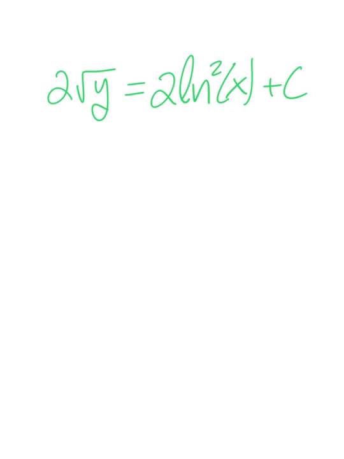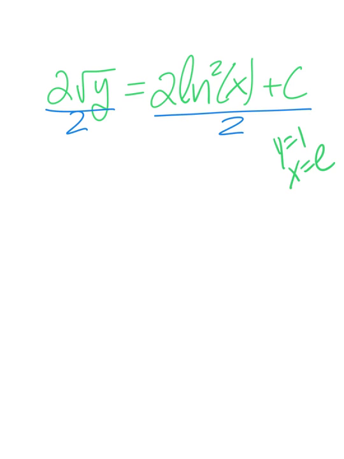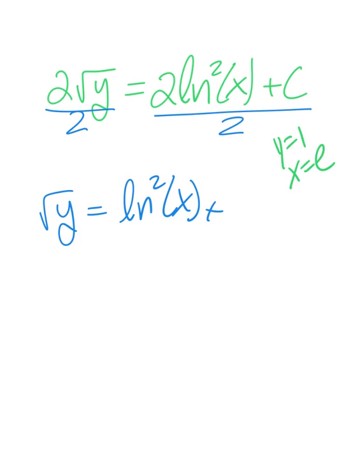And we know y equals 1 when x equals e. So it's really up to you when you want to plug that in. If you want to plug that in now, you can. I'm going to just first divide everything by 2. So I get the square root of y equaling, those 2's cancel out, natural log squared of x, plus a constant divided by 2, which is just still another constant.